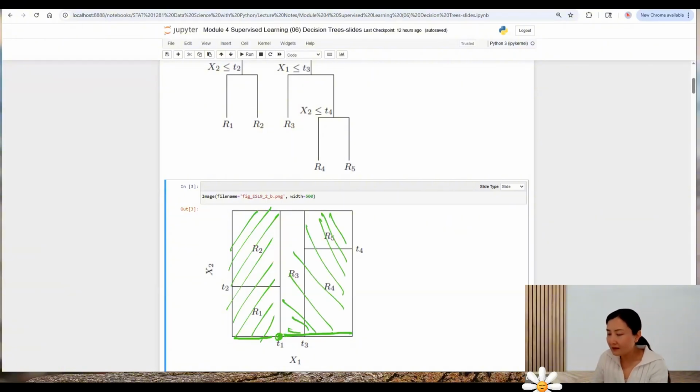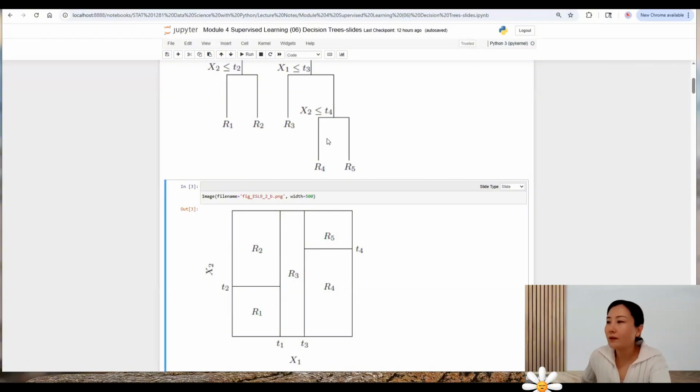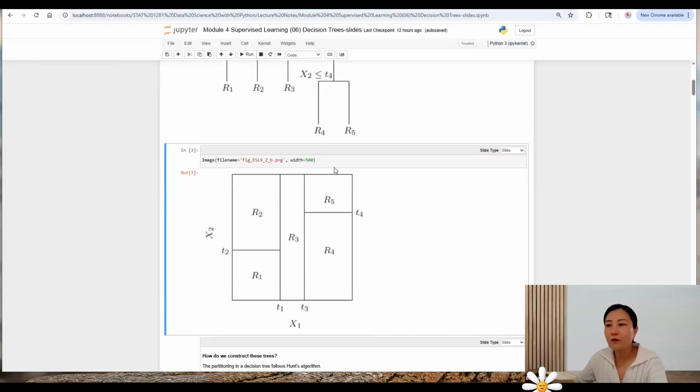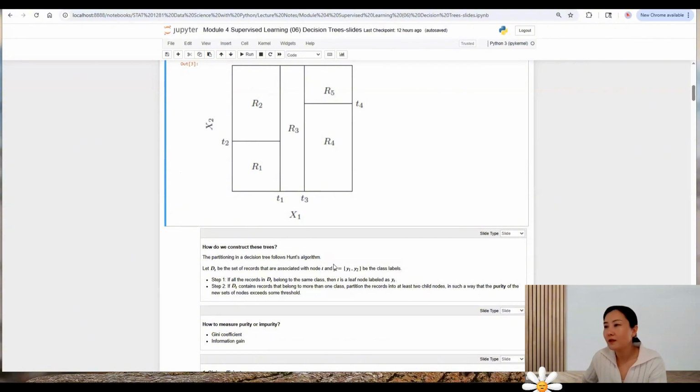And at the left branch here, the tree uses t2 to do the split. If x2 is smaller than t2, then R1, otherwise R2. But the overall goal is to increase the overall purity level of the observations.